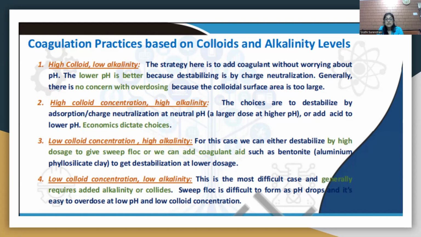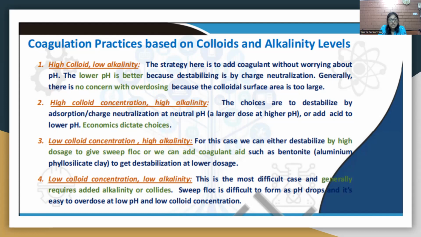Coagulant aids are materials like bentonite, which will actually help in reducing the dosage, so that we only need to add a smaller amount of coagulant. So if you add bentonite, we don't have to add high dosages of the coagulant. This method is adopted when the colloid concentration is low and the alkalinity of water is high.